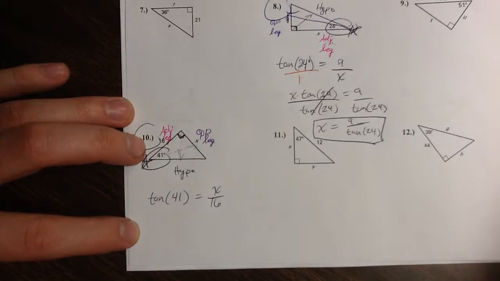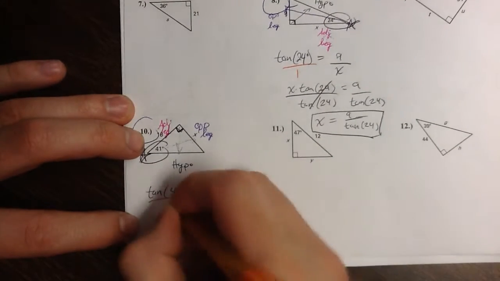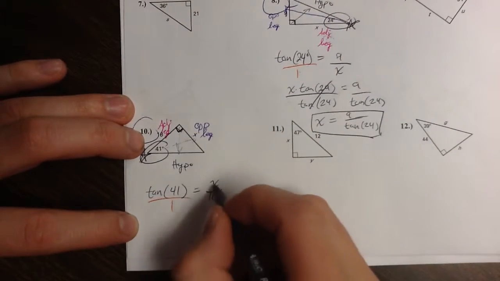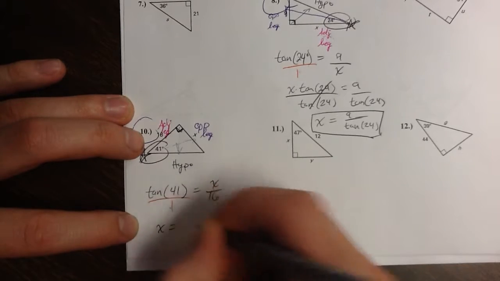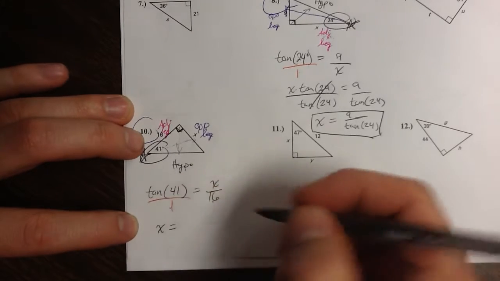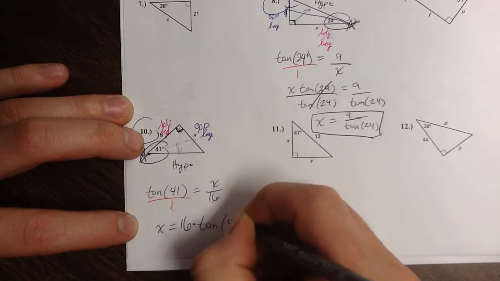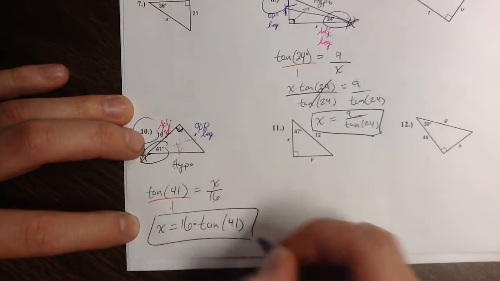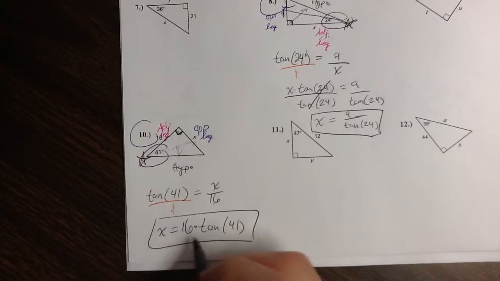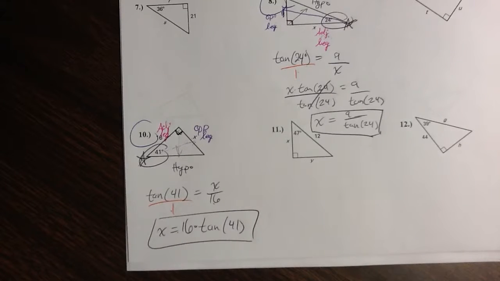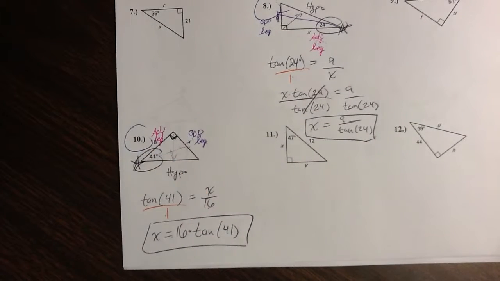After you set it up, put your trig function over 1 and cross multiply. X times 1 is x, and then 16 times tangent of 41 is simply that. 16 times the tangent of 41. Well, the variable is by itself. X is 16 times tangent of 41, so you don't have to do anything to get it by itself. And then look at the answers online to find this rounded answer.